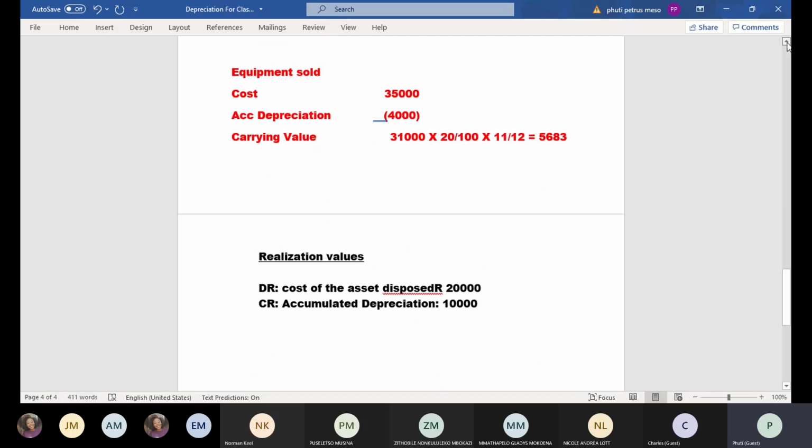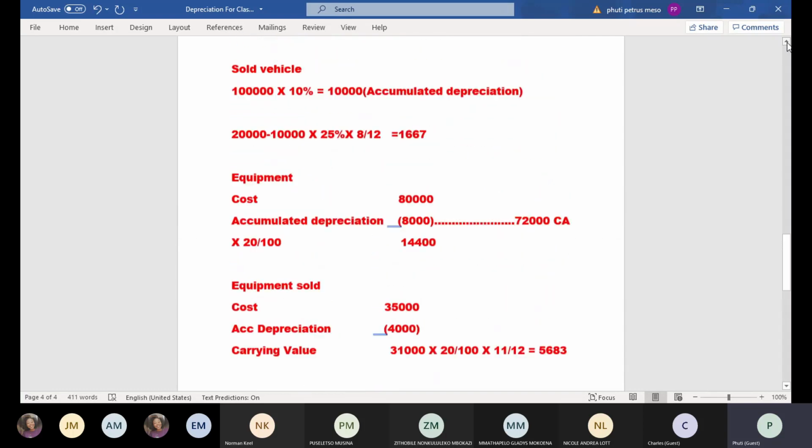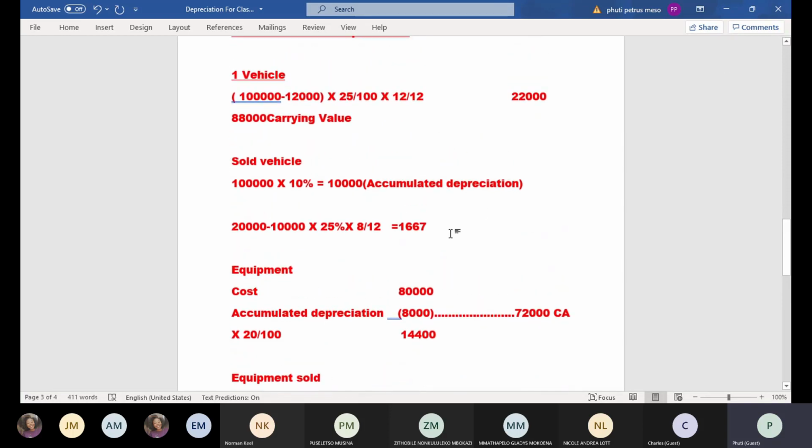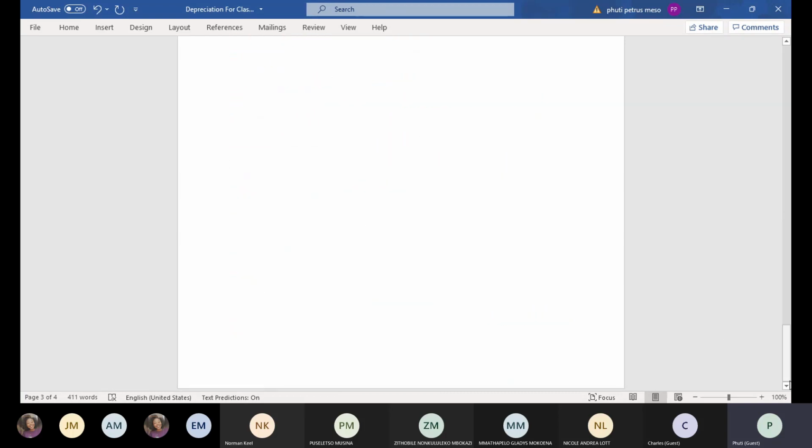So let's just have a look at, was there any depreciation calculated on the sold vehicle? So your 116 would also be there. Okay, so you're going to say 10,000 Rand plus 116. Remember, your depreciation forms part of your accumulated depreciation.